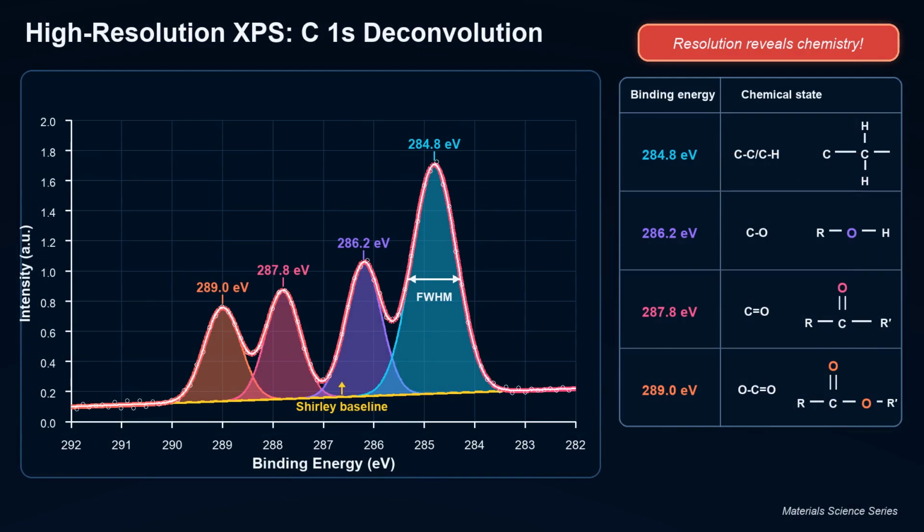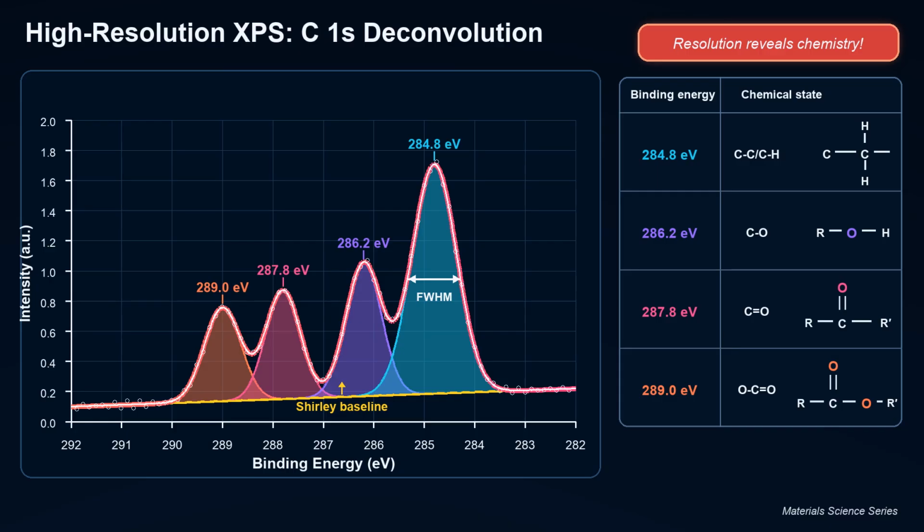High-resolution XPS scans focus on specific elemental regions to reveal chemical state information. The carbon 1s region is a perfect example. Carbon bonded only to carbon and hydrogen appears at 284.8 eV, while oxygen-bonded carbons shift to higher binding energies.